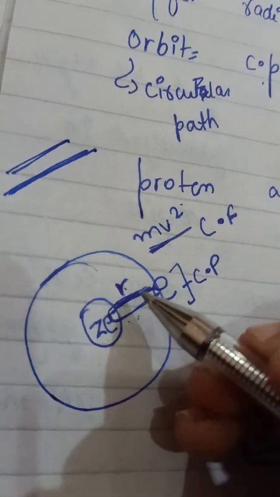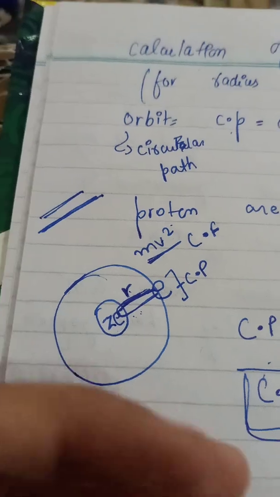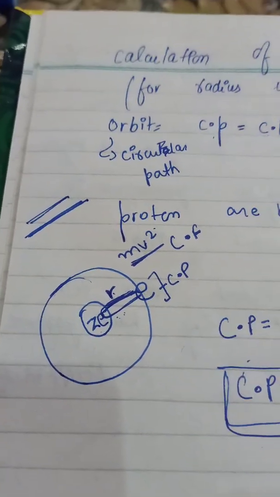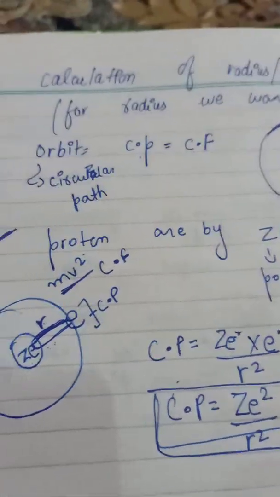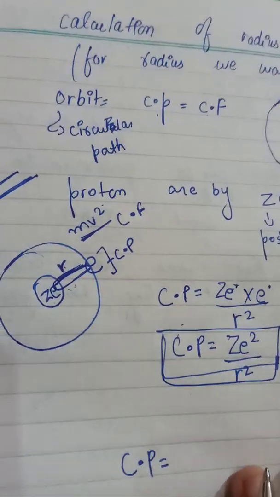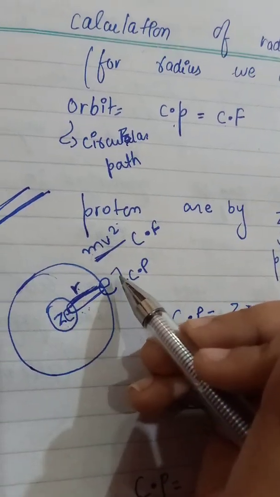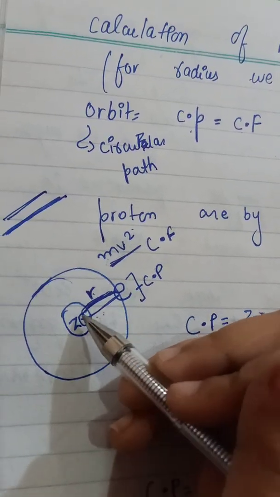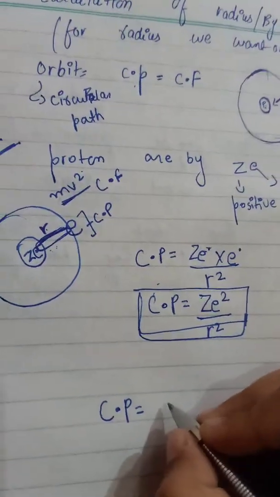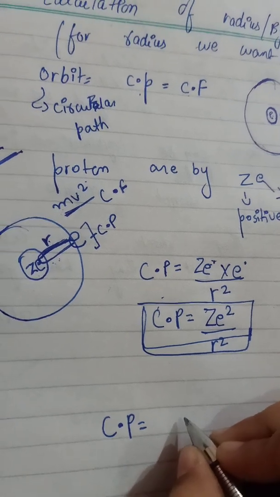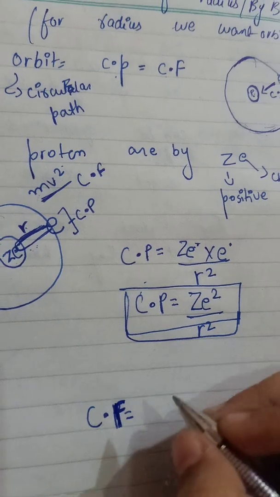There was no momentum inside because there was no straight motion. Here the electron cannot move straight forward because there is the proton in the center. So talking about centripetal was done.